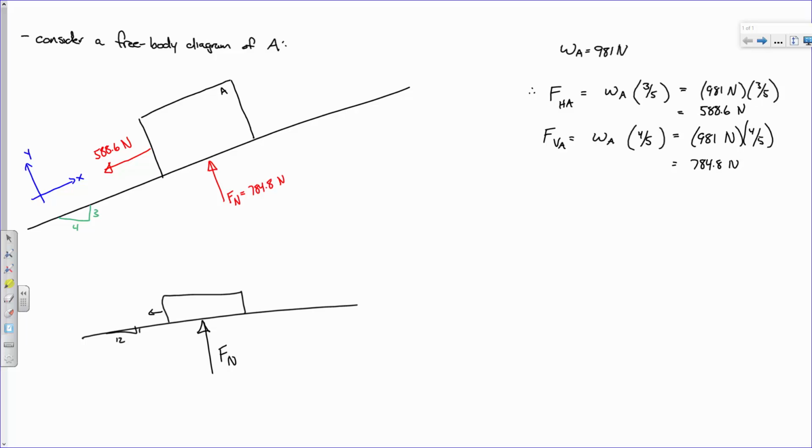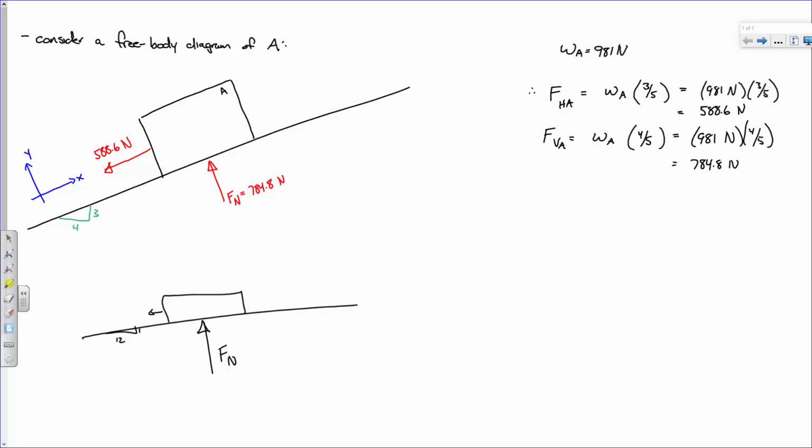And the reason why this one is bigger is because that one's bigger. In other words, the slope ratio is such that the horizontal component is bigger. Instead of it being like this, it's more like that. Does that make sense? Okay.